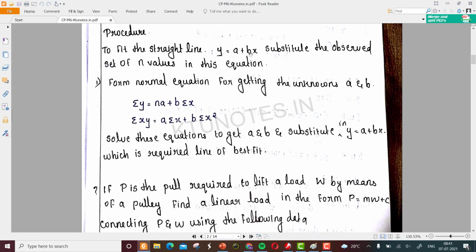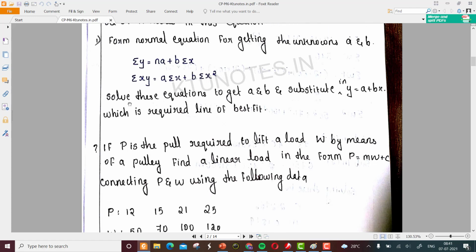So to find a and b, we have two equations: sigma y is equal to na plus b into sigma x, and sigma xy is equal to a into sigma x plus b into sigma x square. Solving these, we have two equations and two unknowns basically. We will get a and b, which are the unknowns in the straight line equation. So this is the basic theory of finding the straight line equation.